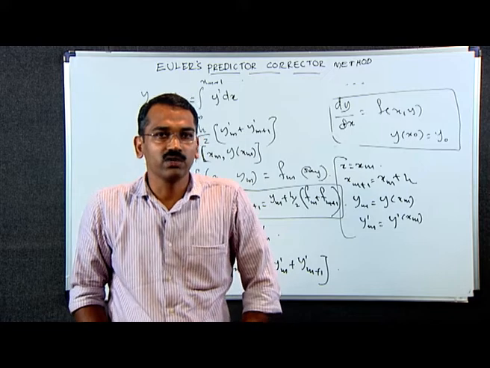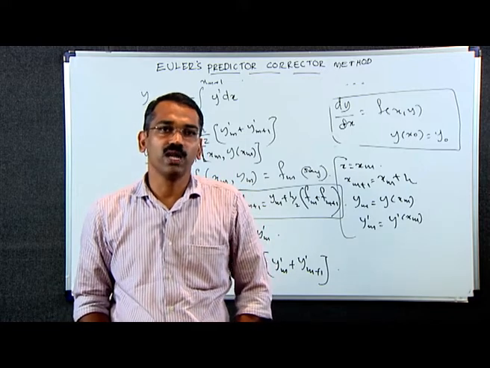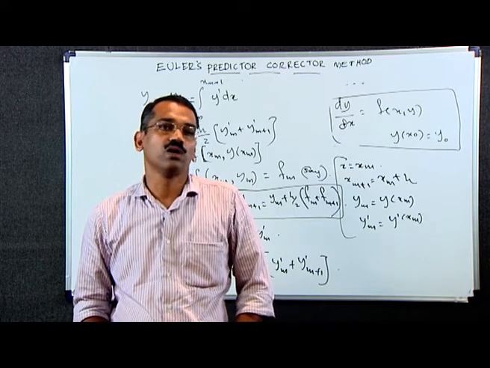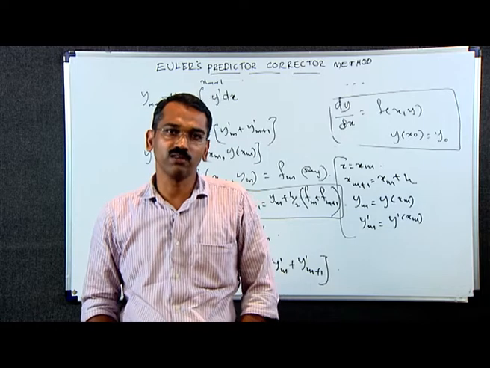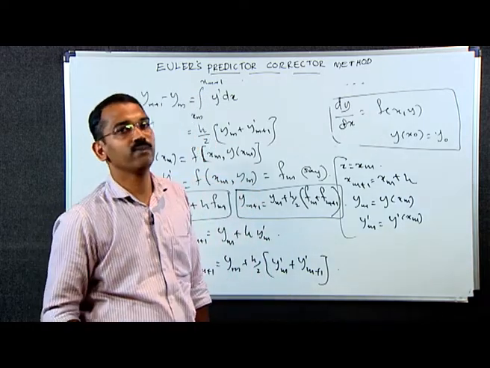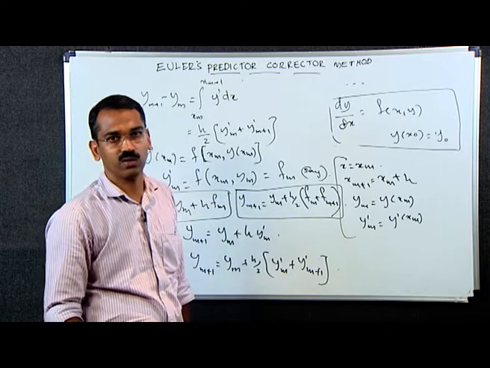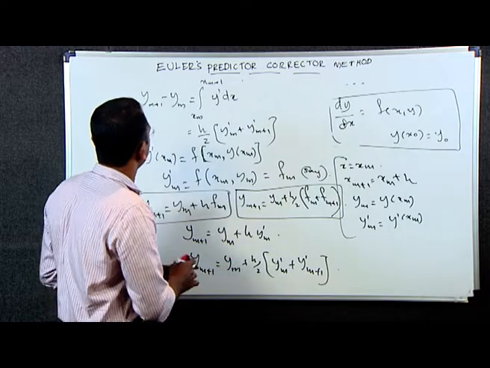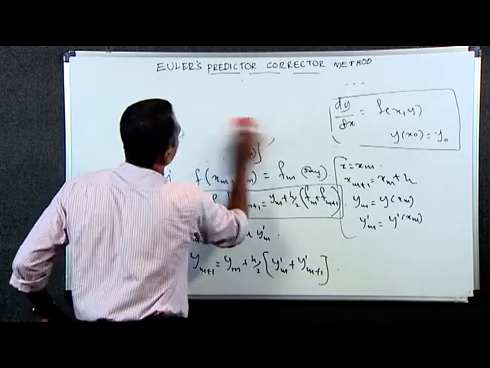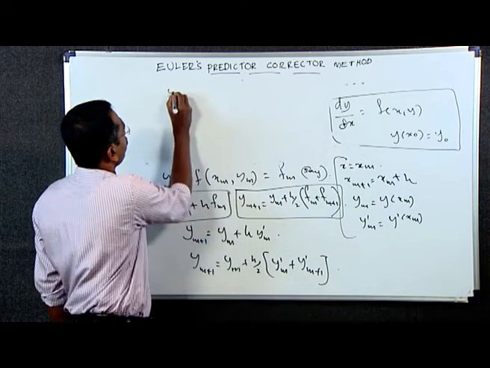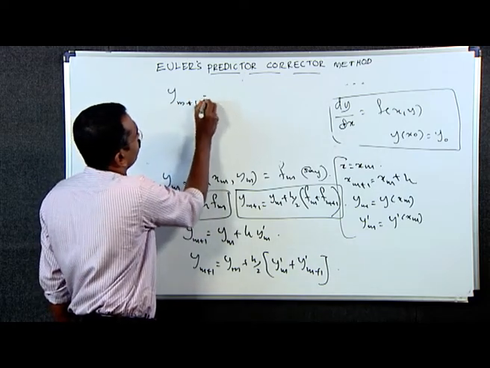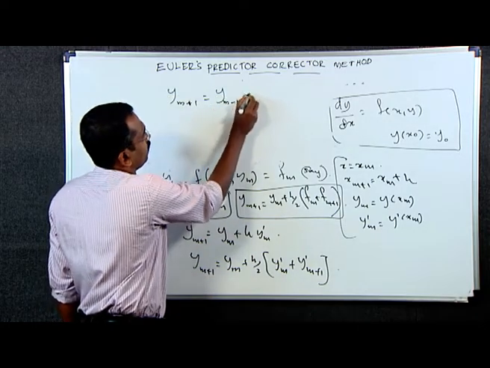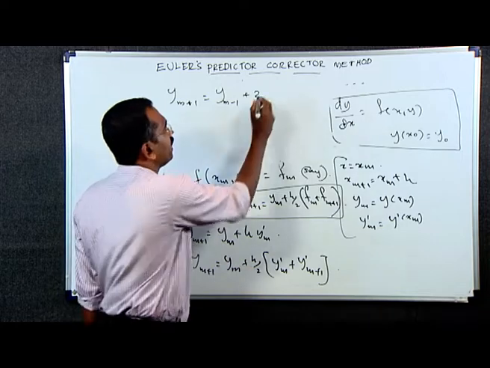It is observed that we require only one preceding value of y, namely ym, in order to compute ym plus 1. However, if two preceding values of y, namely ym minus 1 and ym, are known, it will be advantageous to use the predictor formula ym plus 1 is equal to ym minus 1 plus 2 times h into y dash m.